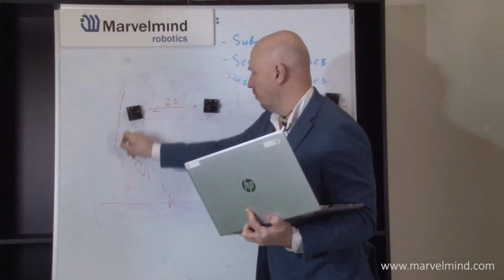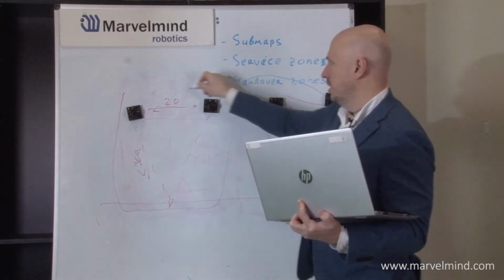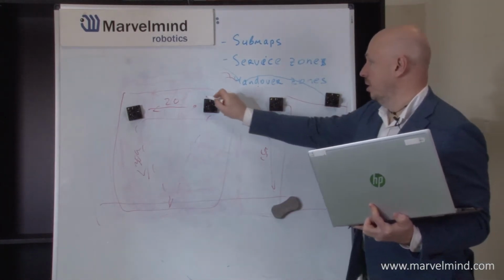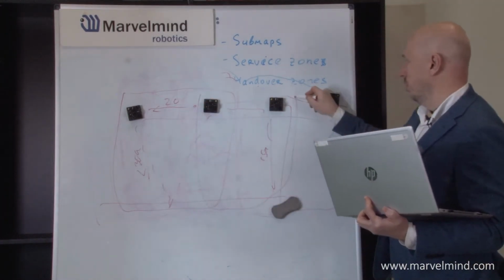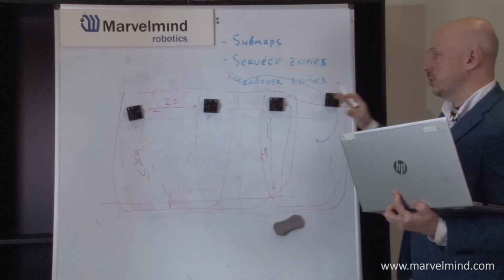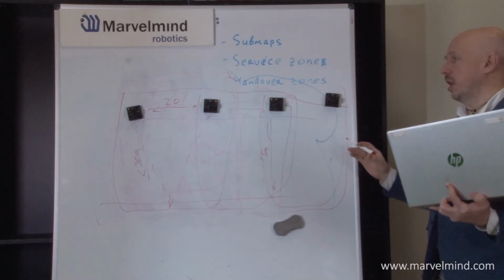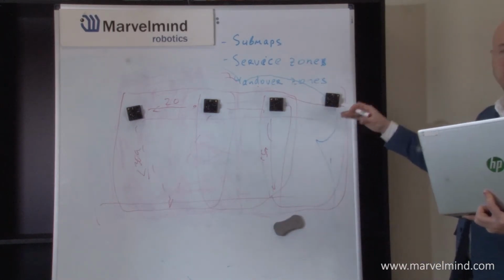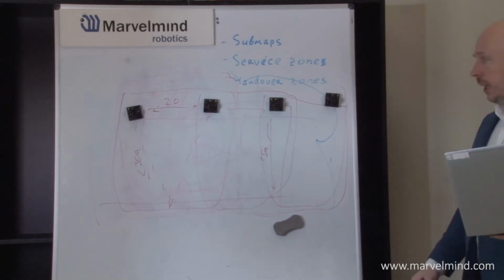And that would be your service zone for this submap. Then I have another 20 meters, and I have another service zone, and another service zone, and so forth. As mentioned, you can have up to 250 submaps, and up to 250 service zones.